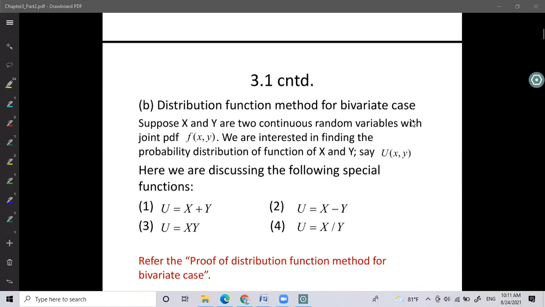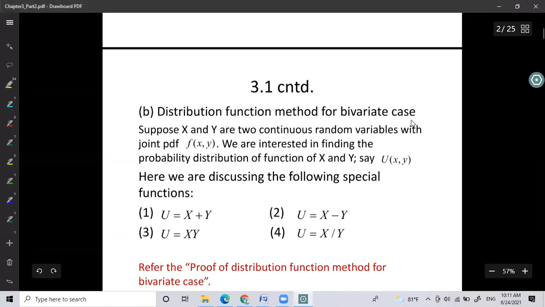Now, in this course, we are looking at 4 special functions only. Maybe you can extend this to linear combinations of these functions, but we are mainly looking at the sum of 2 random variables, that is x plus y, the difference of 2 random variables, x minus y, the product, and the quotient, where y cannot be 0.